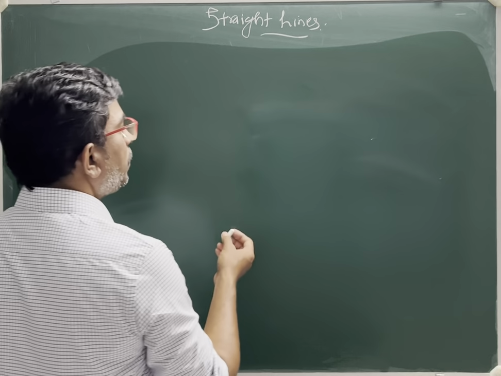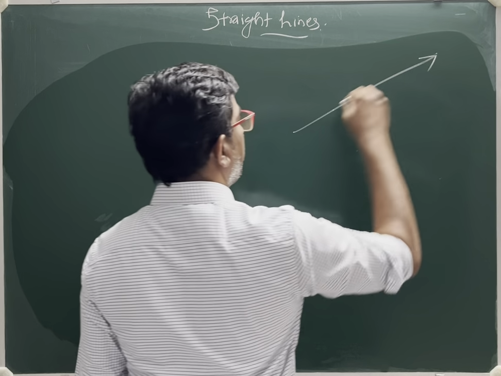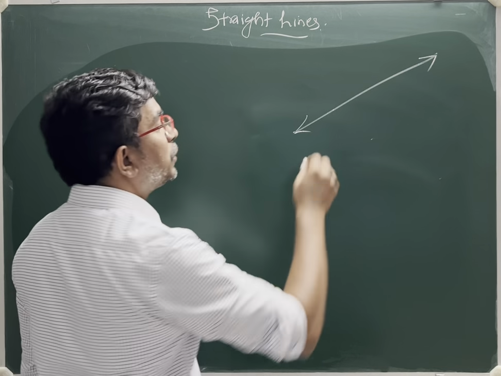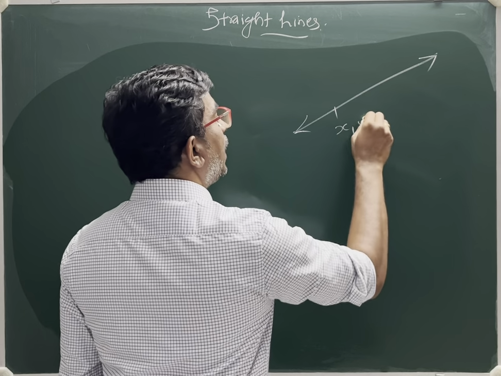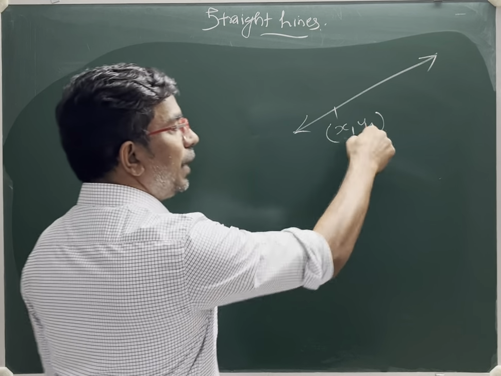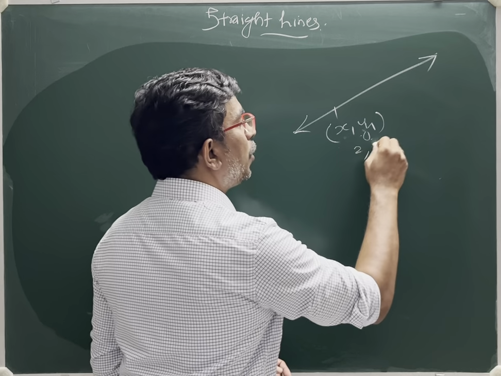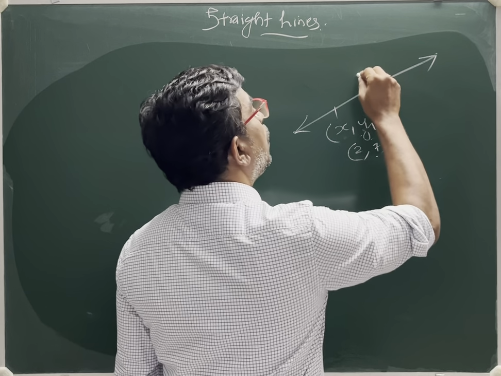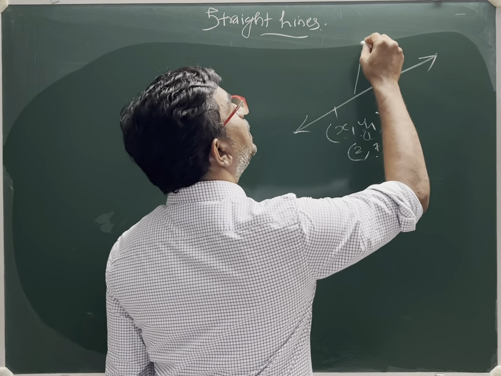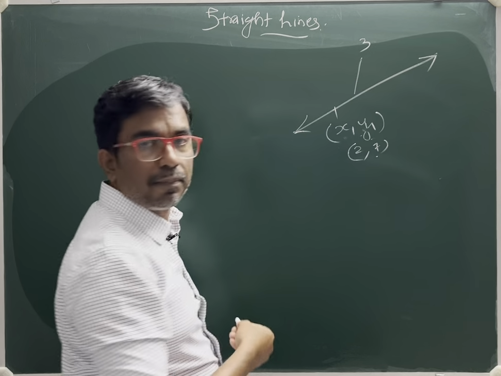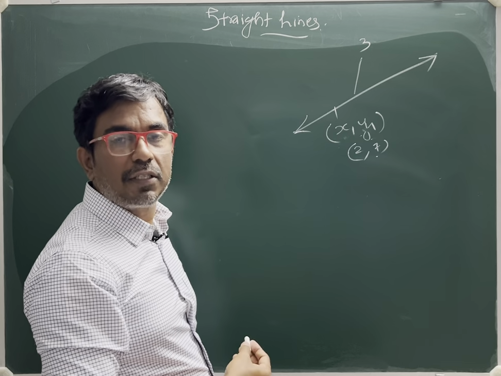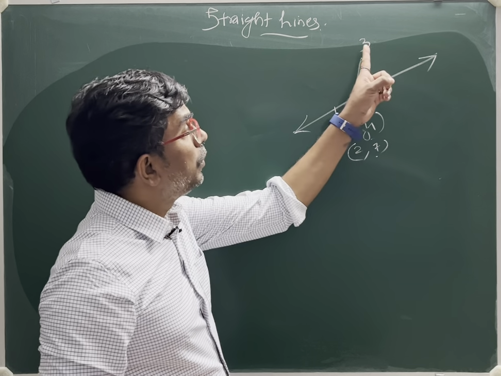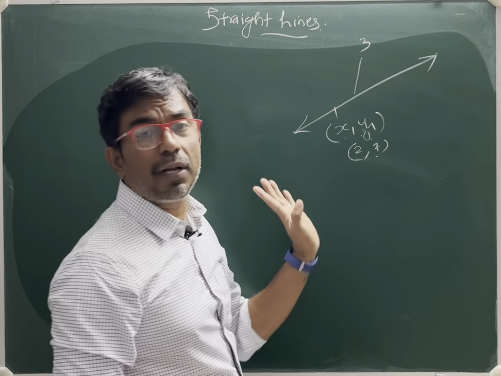If you take a line, suppose you know a point x1, y1, something like 2, 7. And you know the slope of this line, suppose the slope is 3. Somebody is giving you the slope and a point on the line.